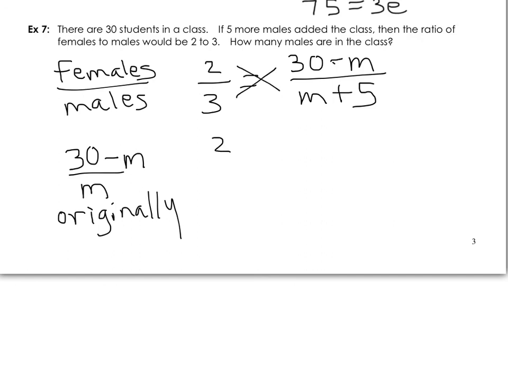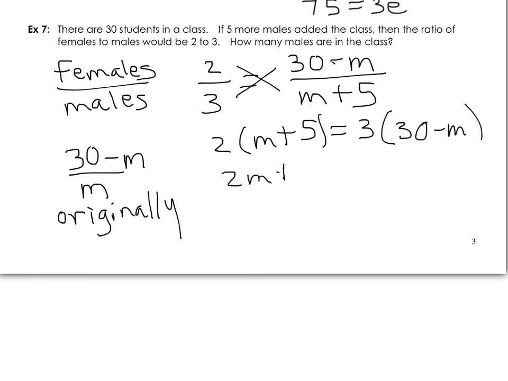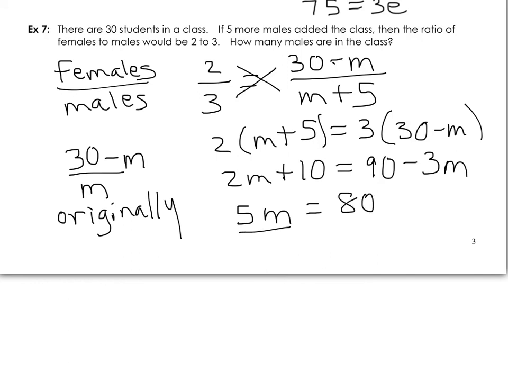Let's solve that. 2 times m plus 5 equals 3 times 30 minus m. 2m plus 10 equals 90 minus 3m. Let's add 3m to both sides. We get 5m. Let's subtract 10 from both sides, and we get 80.